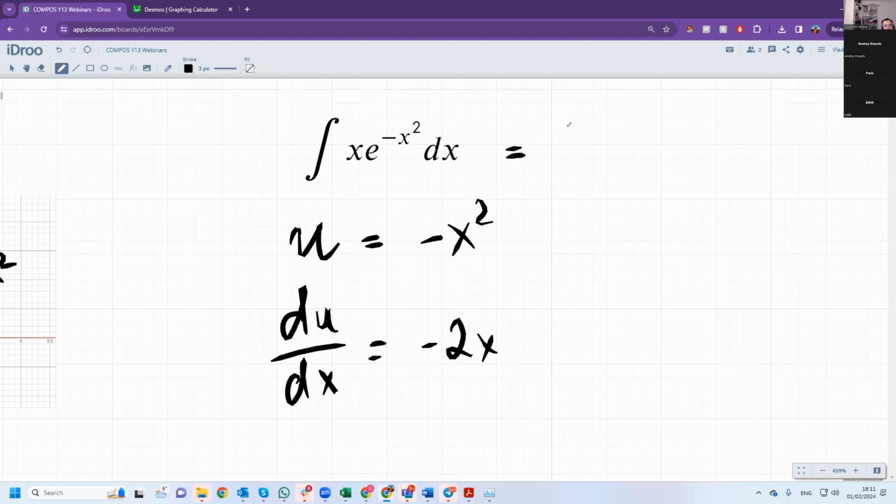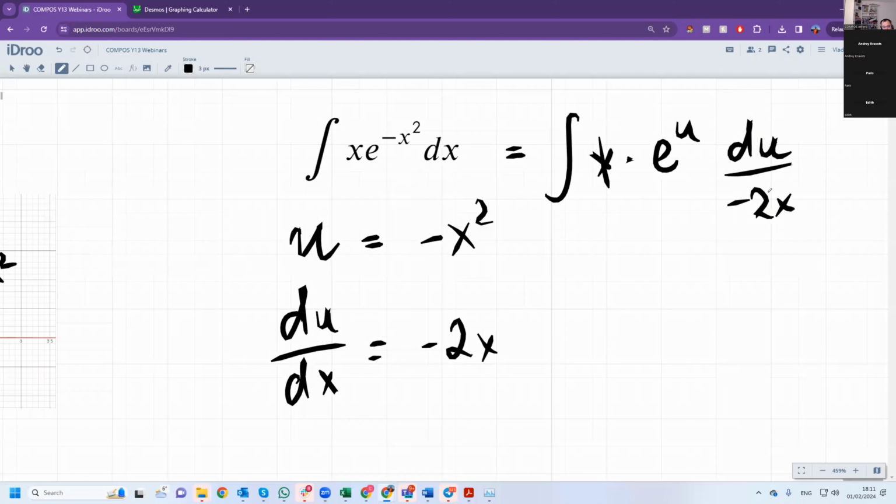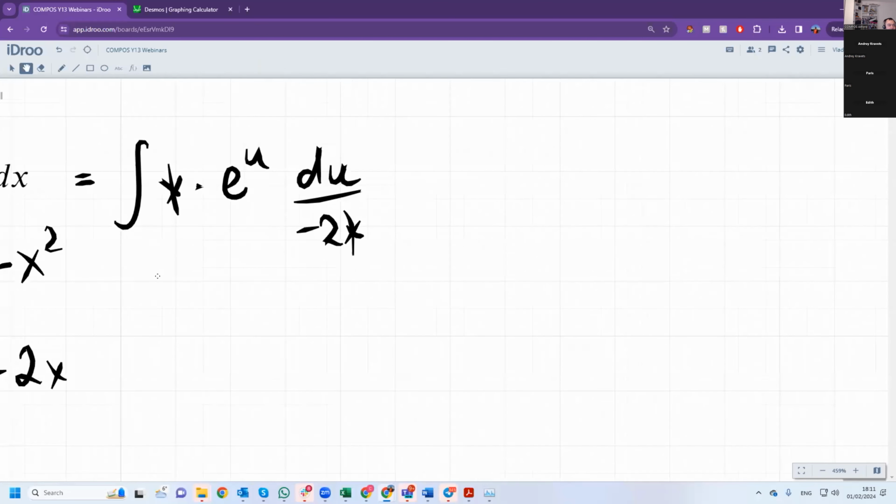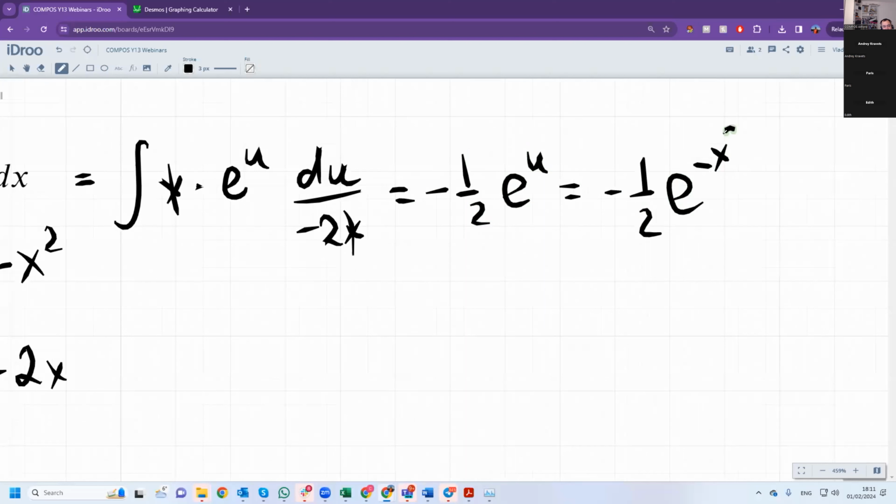Therefore, you can write this as x multiplied by e to the power u multiplied by du over minus 2x. x cancels, and you're left with minus 1/2 e to the power u, which is minus 1/2 e to the power minus x squared plus c.